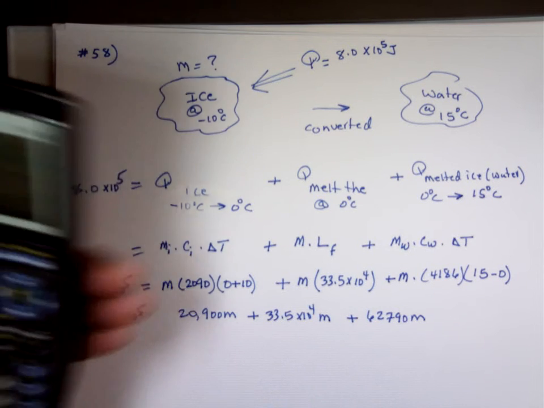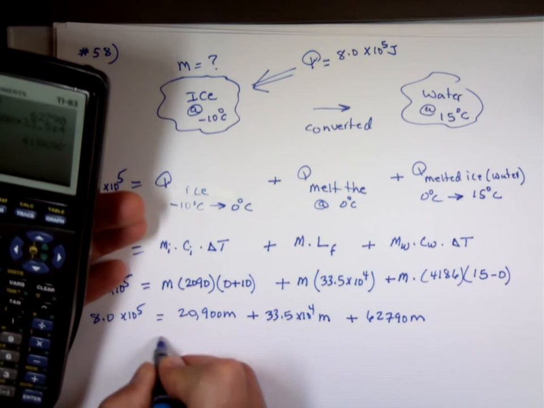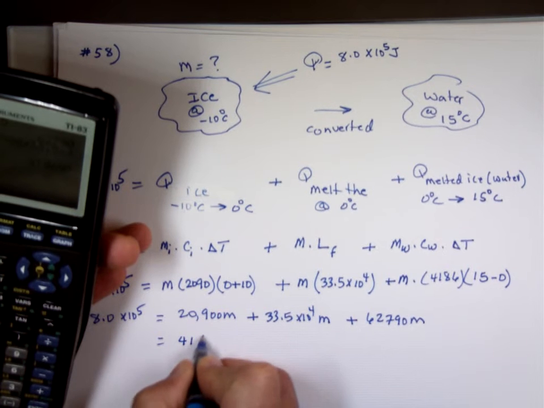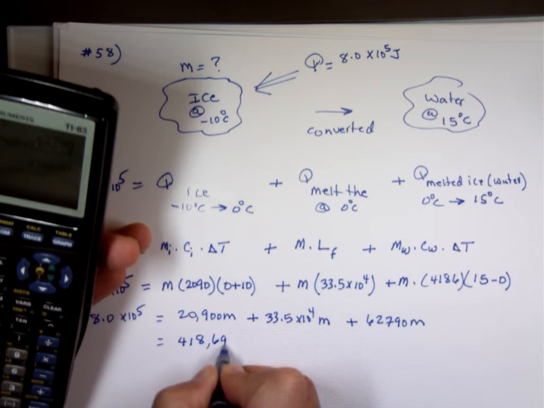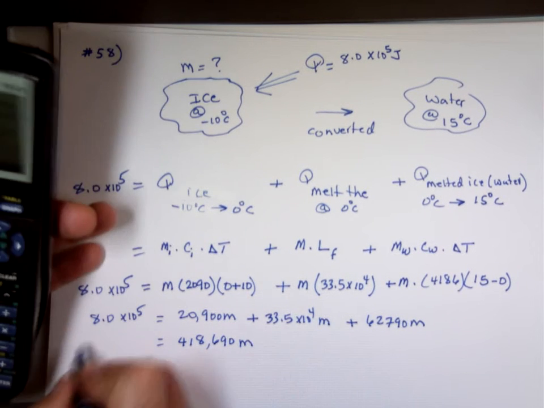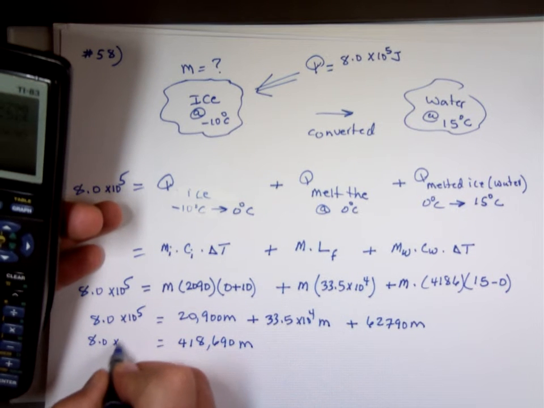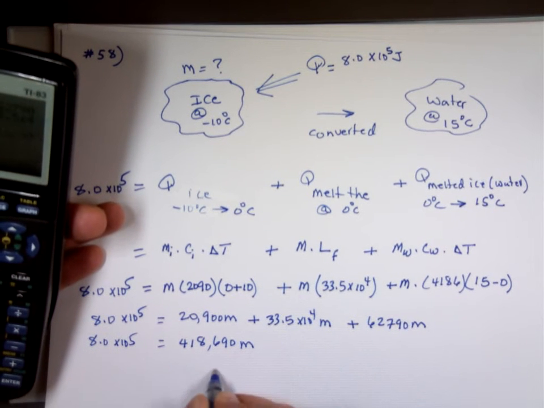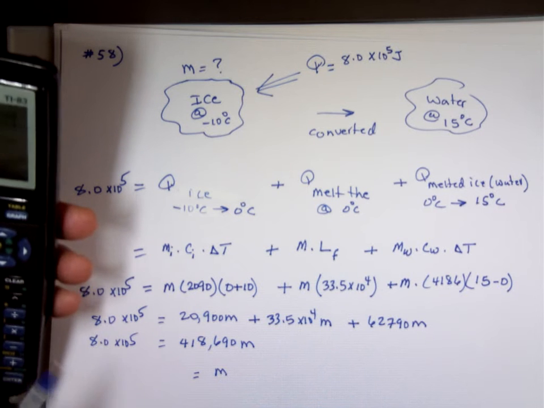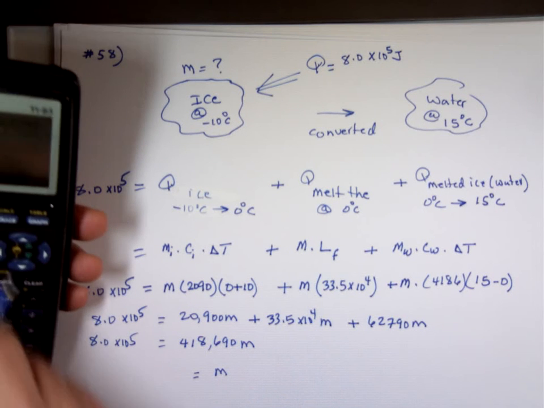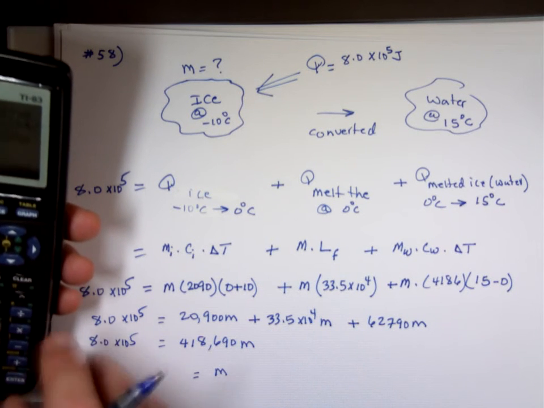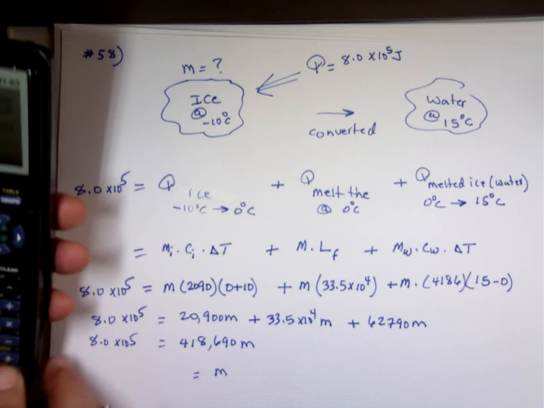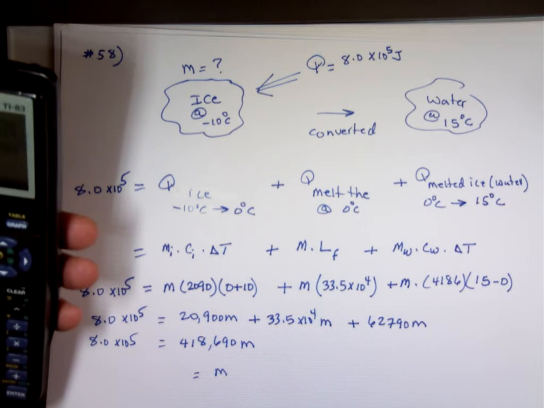I came up with, if I did my math correctly here, 418,690 M equals 8.0 times 10 to the 5, and the mass will be 1.91 kilogram.